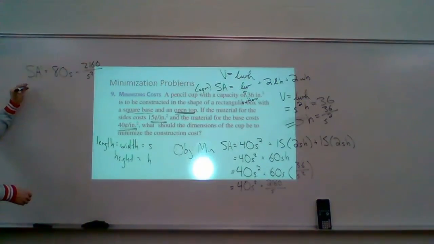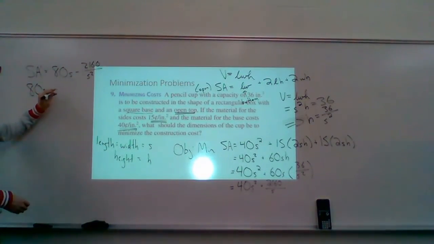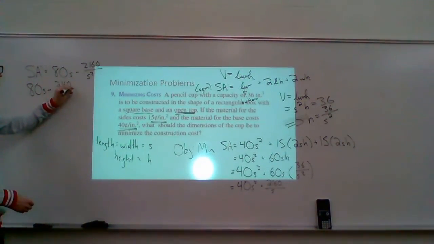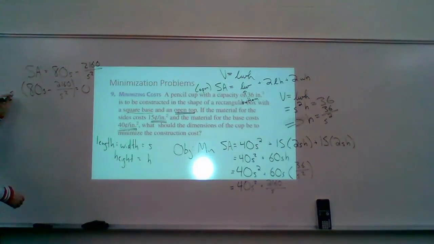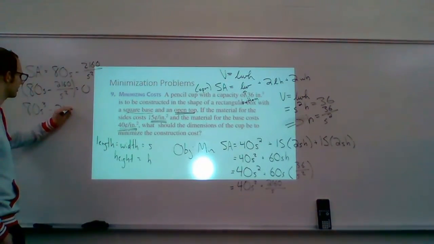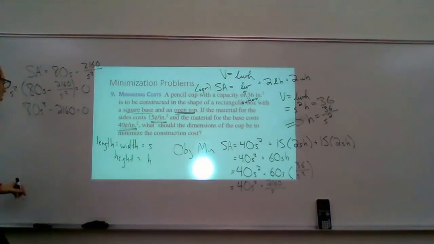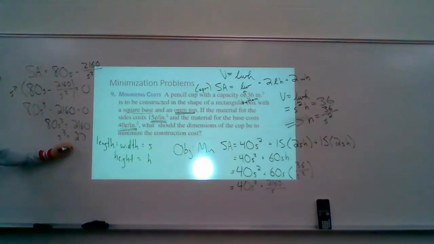So let's see here. So 80S minus 2160 over S squared equals 0. Multiply both sides by S squared, so 80S cubed minus 2160 equals 0. 80S cubed equals 2160. S cubed is 27, and S is equal to 3.